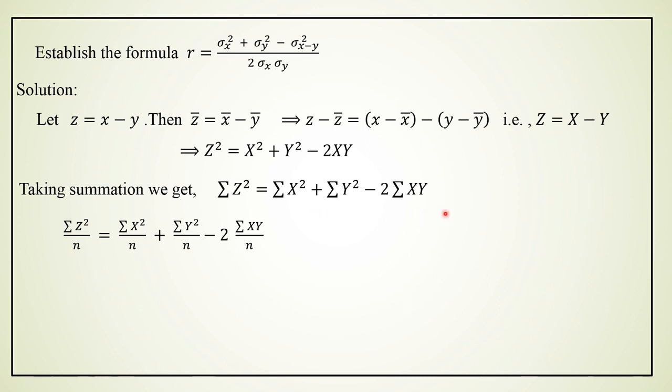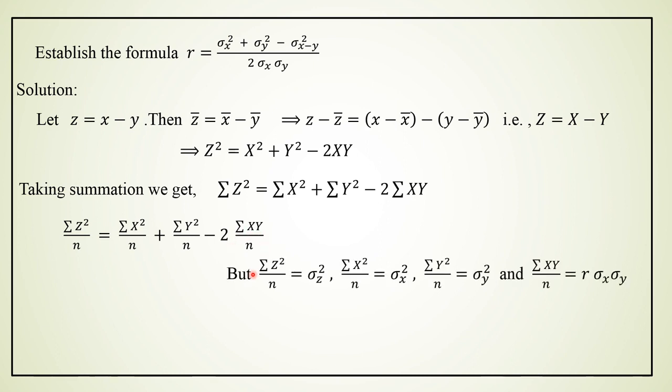Just divide the whole equation by n, so that it reduces to the form summation z square by n is equal to summation x square by n plus summation y square by n minus 2 into summation of xy divided by n.